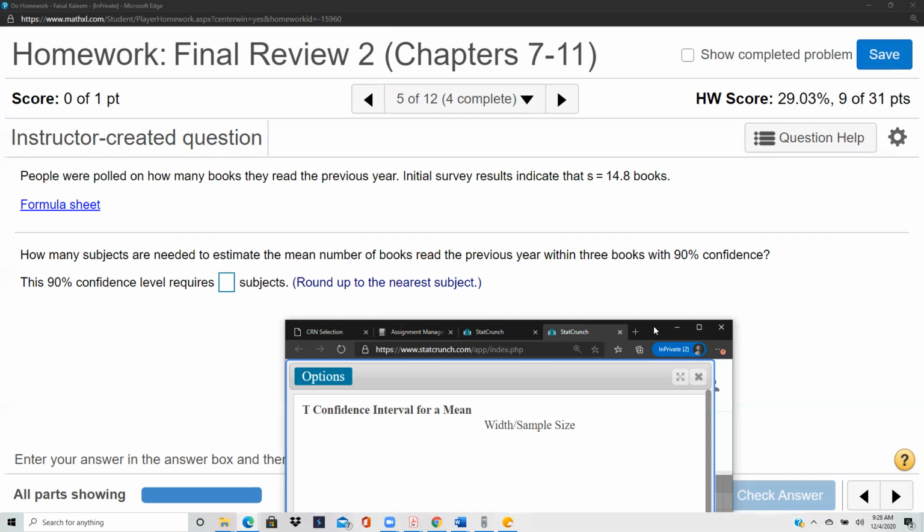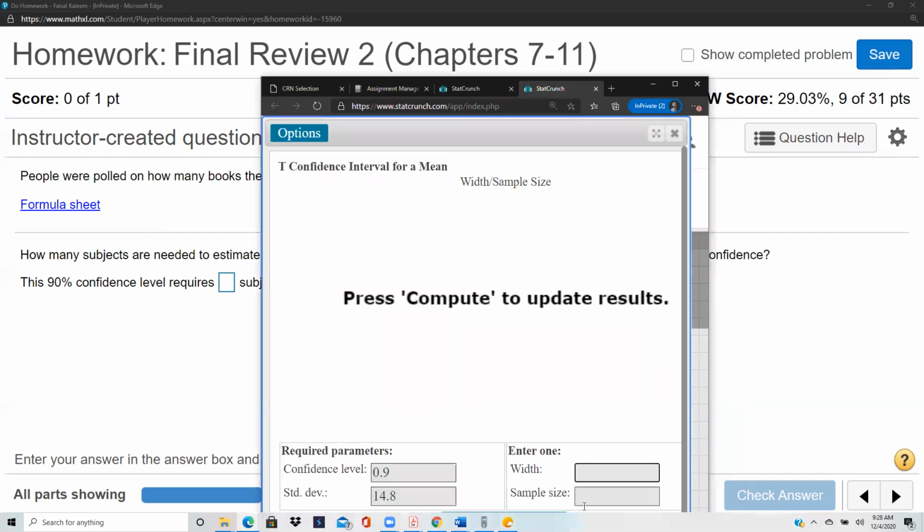But the box is asking us for the width. Yes, we have spotted that we have the margin of error, but we need the width.